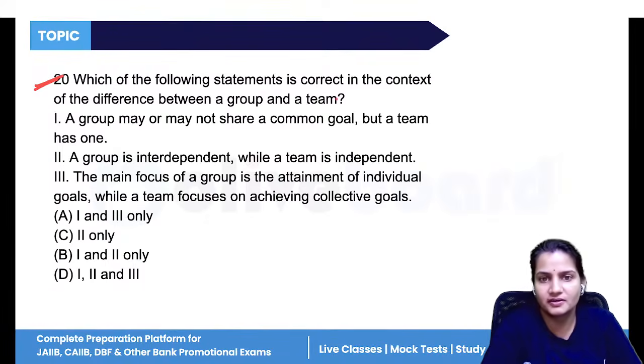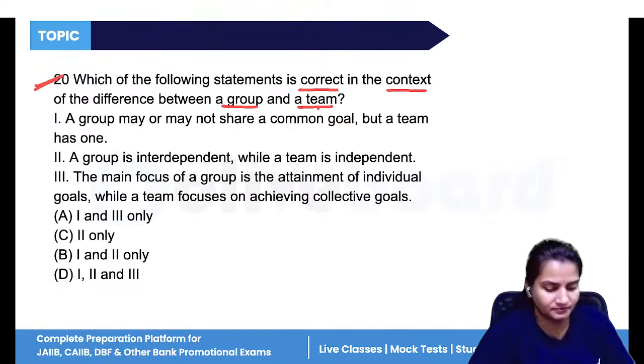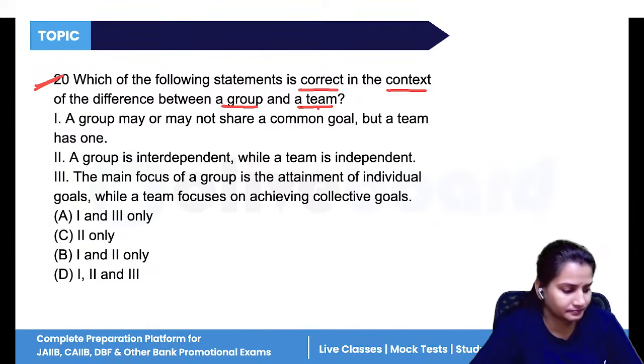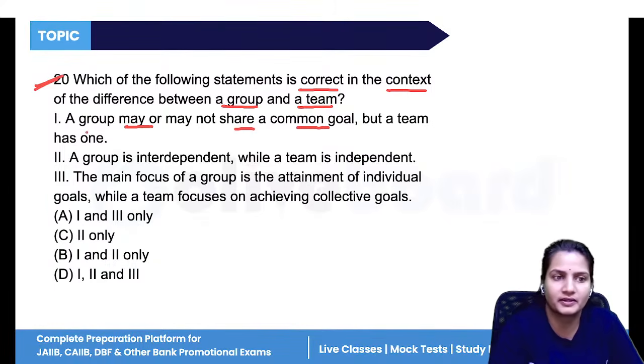Which of the following statements is correct in the context of the difference between a group and a team? A group may or may not share a common goal, but a team has one.